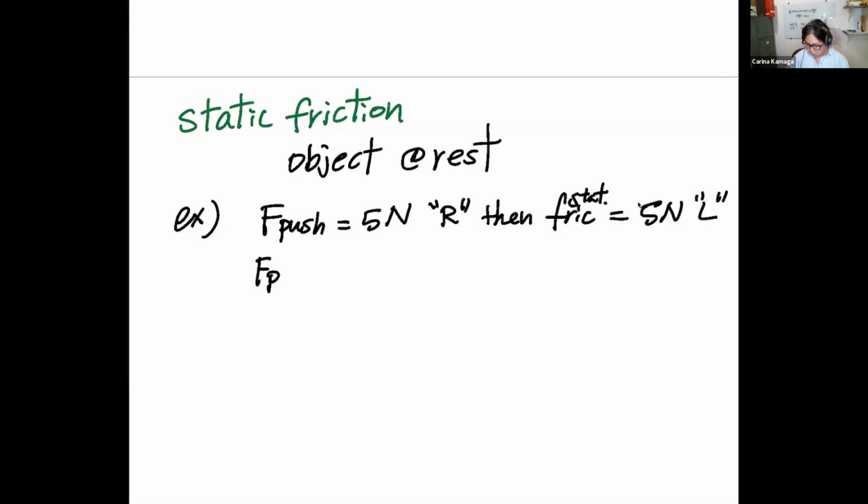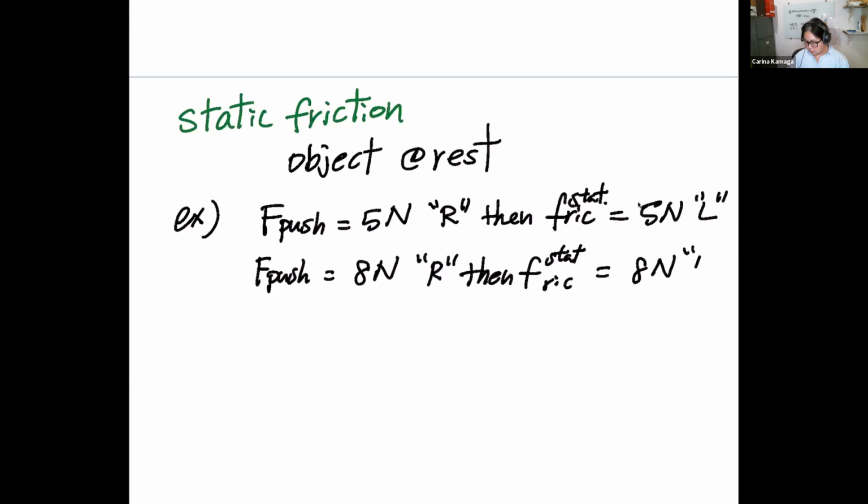If the push force is 8 Newton to the right, then the static friction force is 8 Newton to the left. So that's the static friction force.